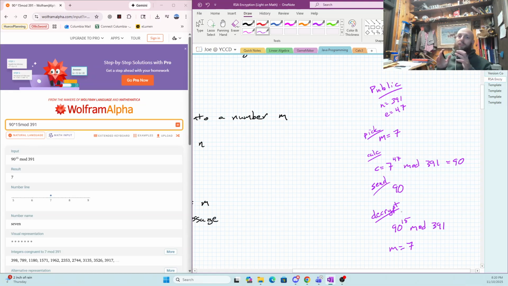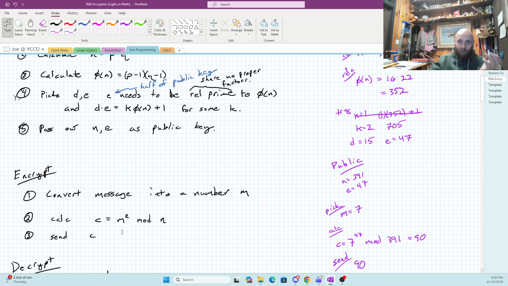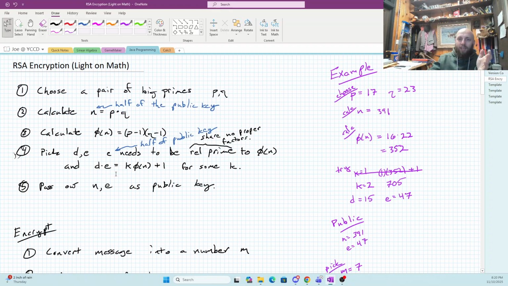This is exactly how RSA encryption works. The thing that I've glossed over a little bit is the math behind how it works, but it does just work. There's a little bit of number theory to it. What makes it effective is basically that it takes a long time to factor this number n into its 2 prime factors. 391 is going to take milliseconds.